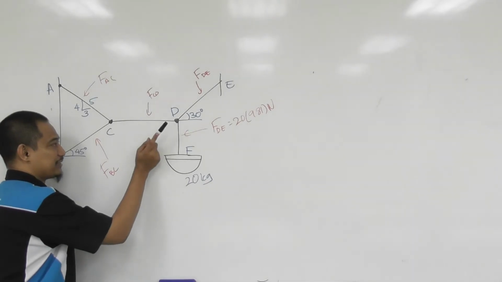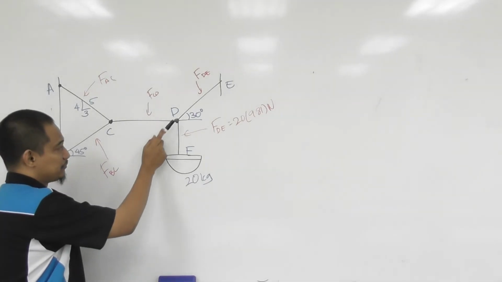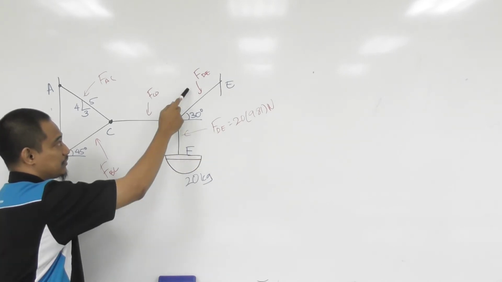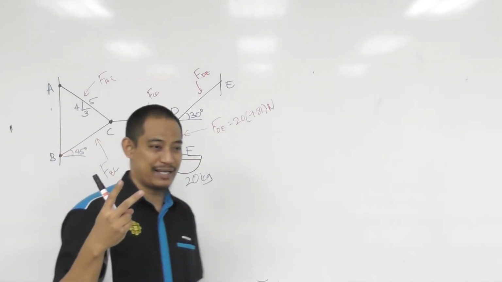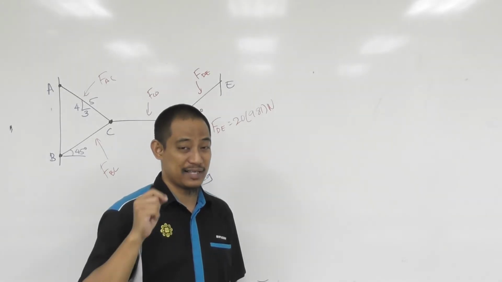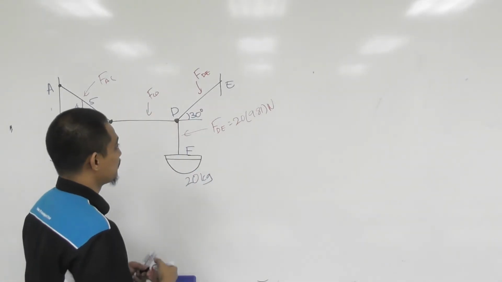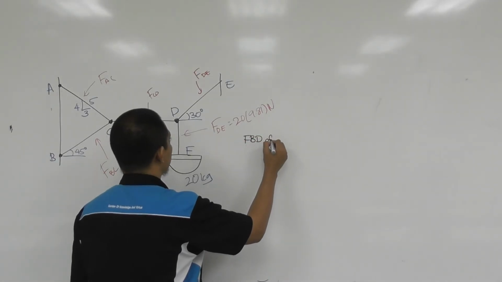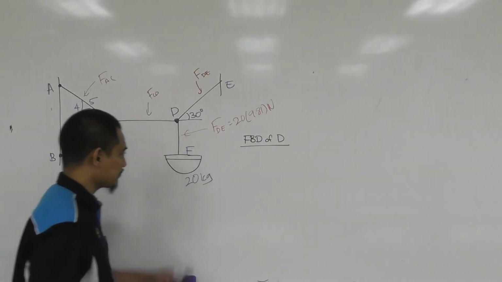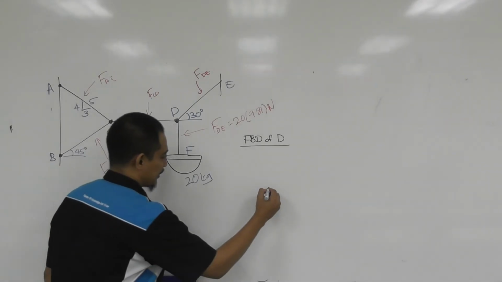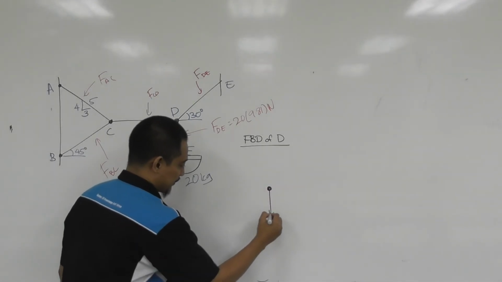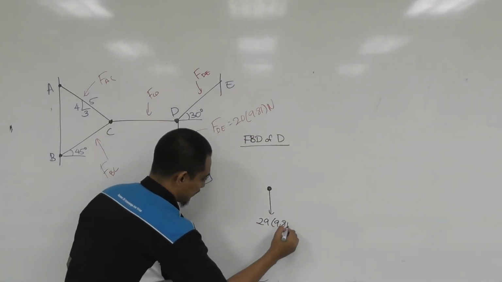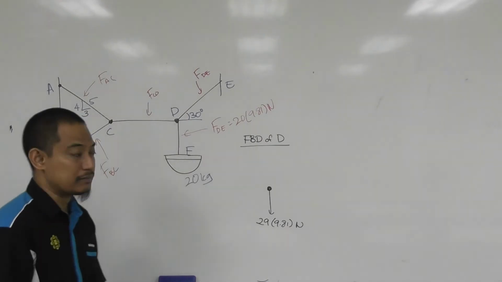If you go to point D, when you draw the free body diagram, how many unknowns? This one is known already, this one is unknown. So you have 2 unknowns you can actually solve. So start there. With that, we draw the free body diagram of point D. Basically we'll have this weight going down, which is 20 times 9.81 Newton.